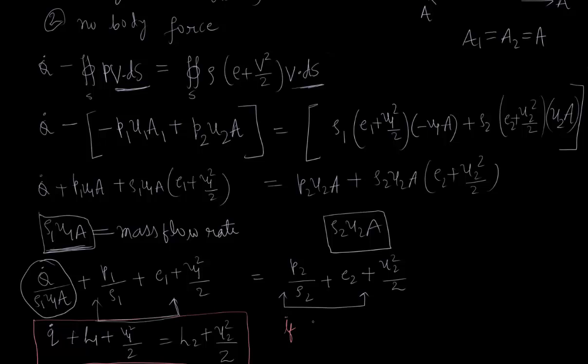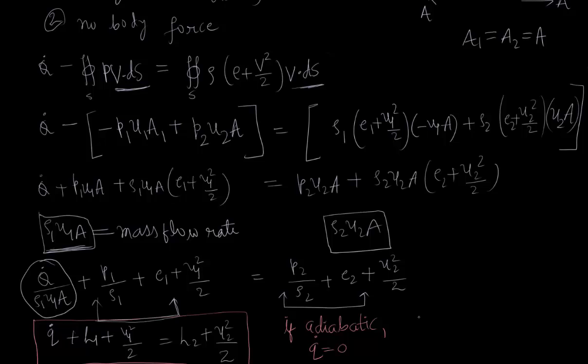If we assume that the process is adiabatic, meaning there is no heat transfer whatsoever between the fluid contained in the control volume and the surrounding, then Q dot will become 0 because the process is adiabatic.